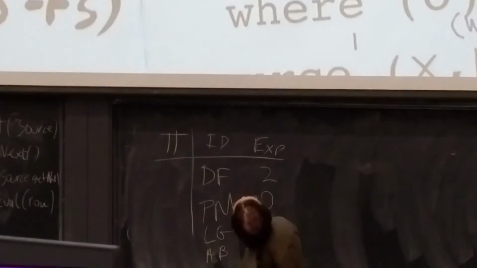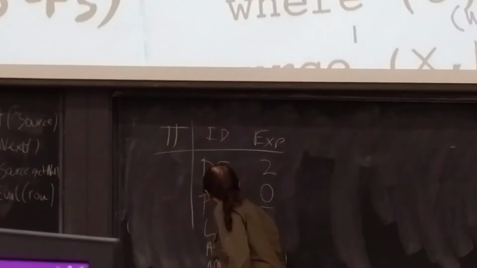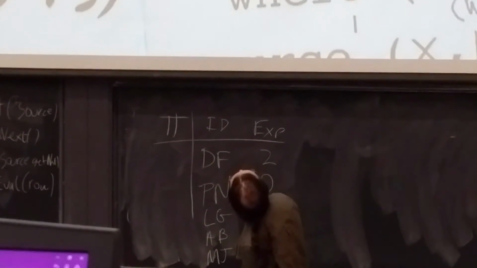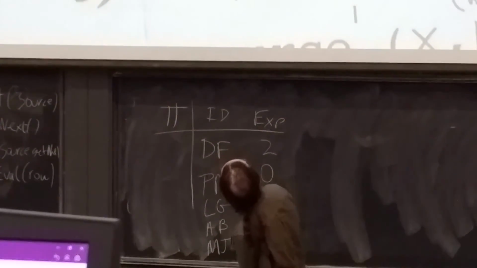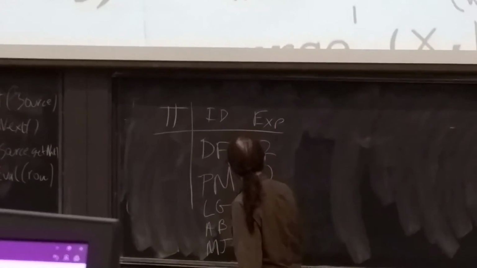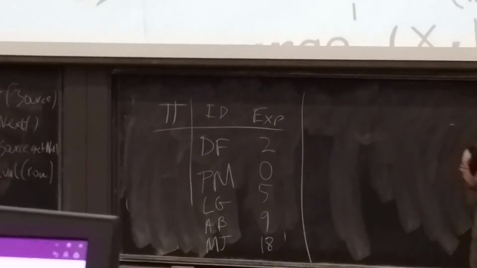And MJ is 6. Yes, 18. And let's do one more on 6. And then 10. Actually, it's not going to change here.